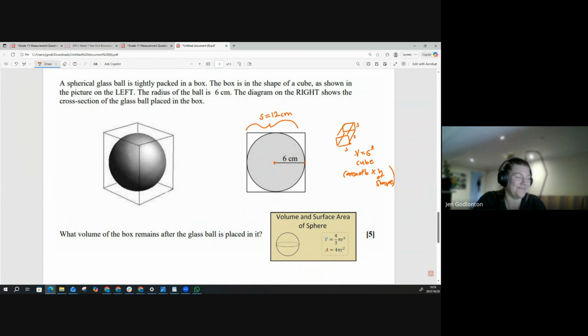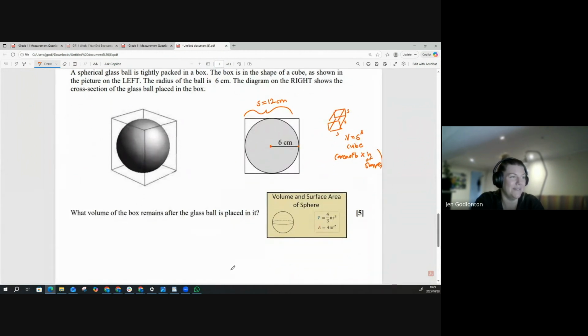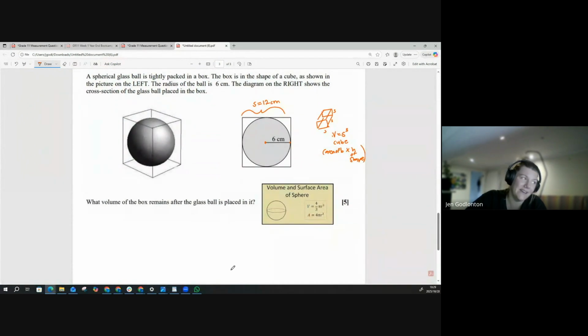All right. So for this one, we need the volume of our box, and then we need the volume of our sphere. So let's start with the volume of the cube. That's going to be side times side times side, which is 12 times 12 times 12, which is going to give us 1728 centimeters cubed.